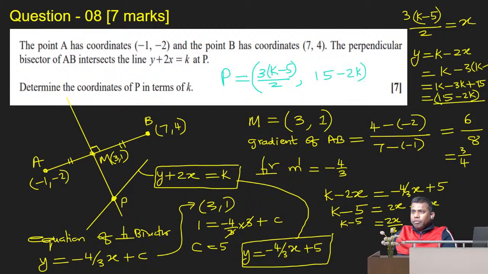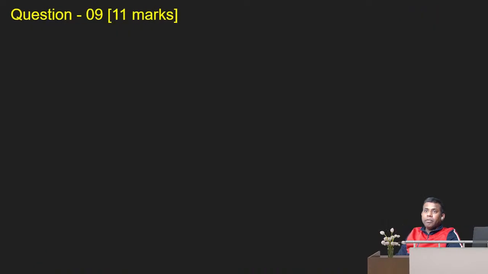It's a little bit of hard work because it's a 7 marker. Spend time and make sure not to make any careless mistake, and find the perpendicular line. Perpendicular lines are related by negative reciprocal, and after that you can find the equation of the line, and the intersection point of the two equations gives the coordinate of the point P.